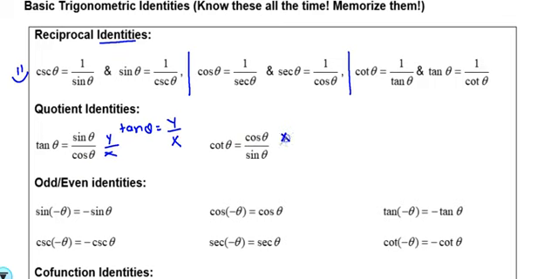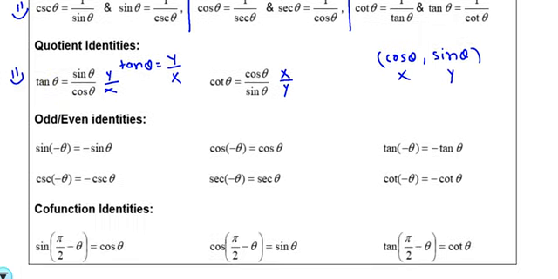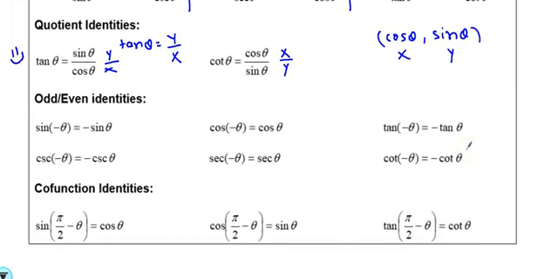Cotangent theta is the same as x over y, because we learned in the previous unit that the unit circle always has coordinates which are cosine and sine. Same thing, we just put them as a ratio. So I would put a smiley face here as well. We are confident, we have learned them before. We are just giving them the fancy name of identities. They are functions, and we put them because both sides are always true.